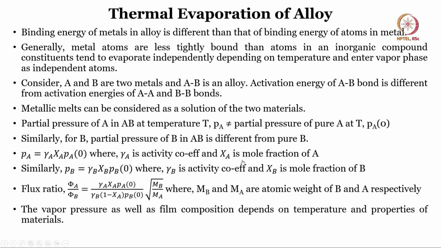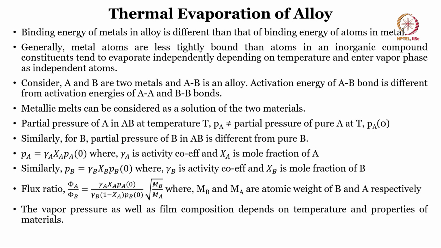So, alloys can be considered as a solution of the 2 materials, that means a mixture of 2 different materials. The partial pressure of A in AB at temperature T is not equal to the partial pressure of pure A at T, P_A^0. Similarly for B, the partial pressure of B in AB is different than the partial pressure of pure B.